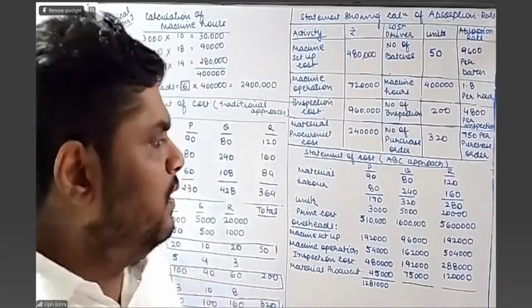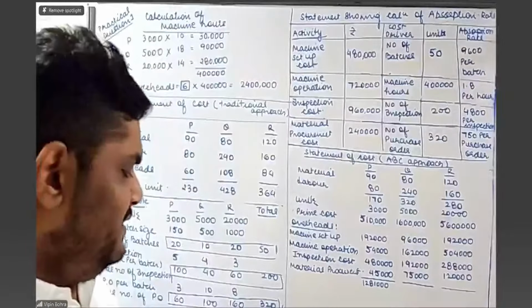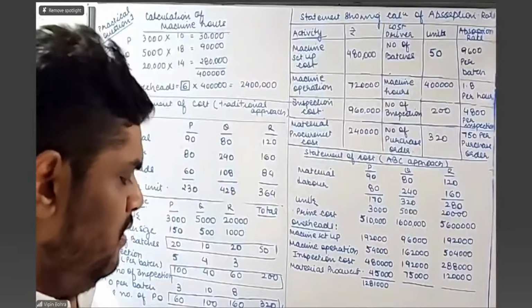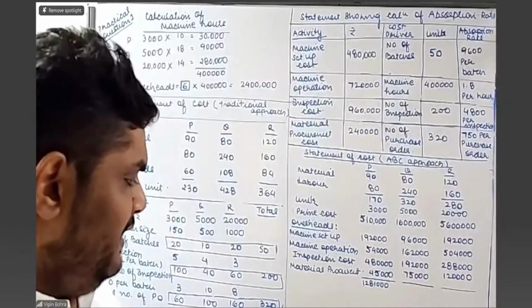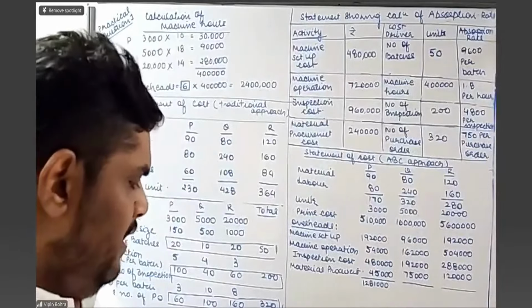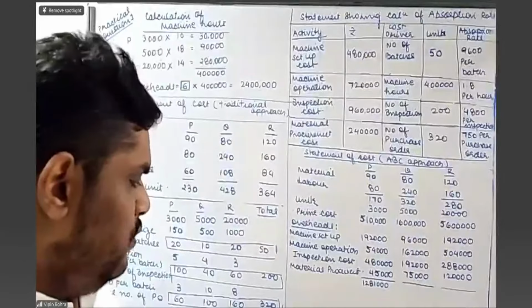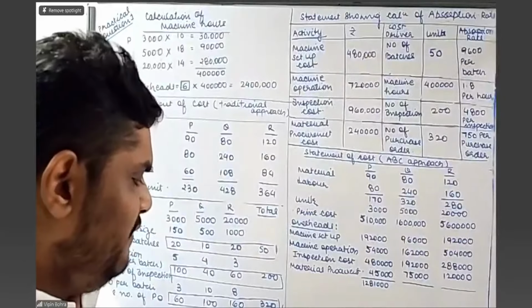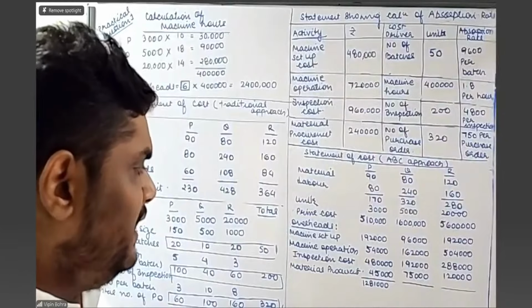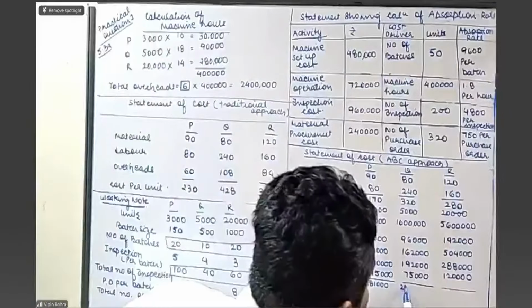Very good, Purnima. Now next is 96,000, 1,62,000, 1,92,000, and 75,000. So this will be 21,25,000.